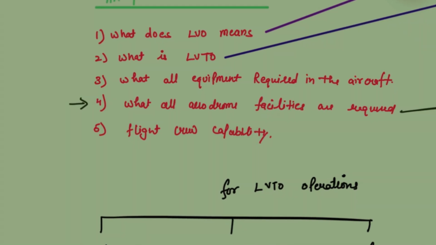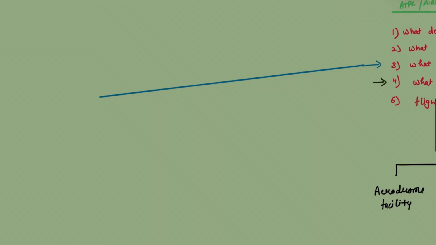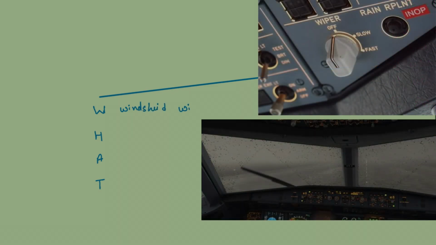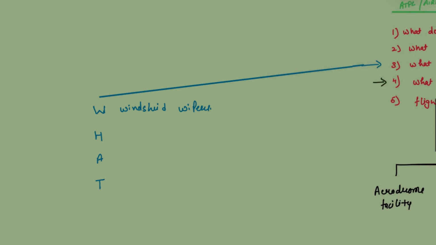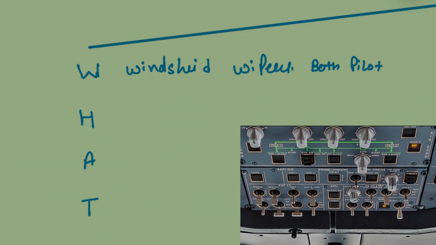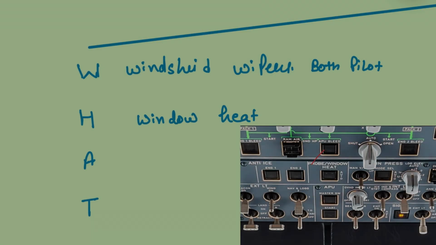It means there should be a particular plan for that airport in case of low visibility. Now the second thing comes: the aircraft and its equipment. What equipment is required? That is the shortcut: WHAT. W stands for windshield wipers for both the pilot and co-pilot. H stands for window heat for all heated cockpit windows.